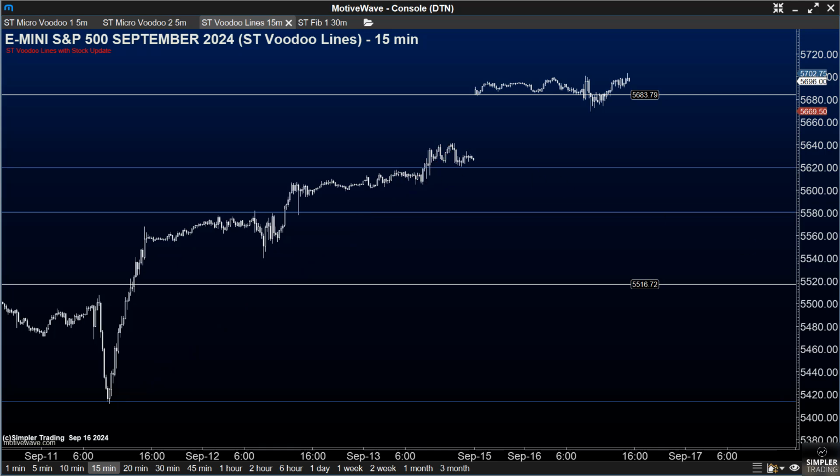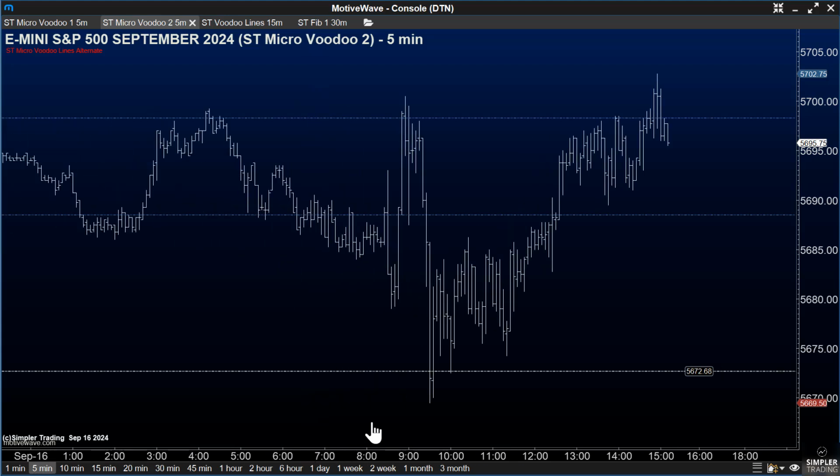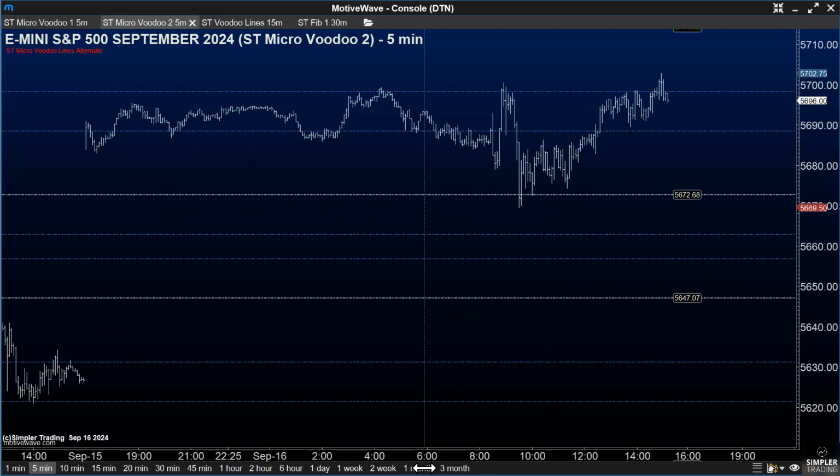And then one more thing that we can do in the interim is we can go to things like the micro Voodoo lines, right? Which are much closer together, and suffer from the same issues of the gap.